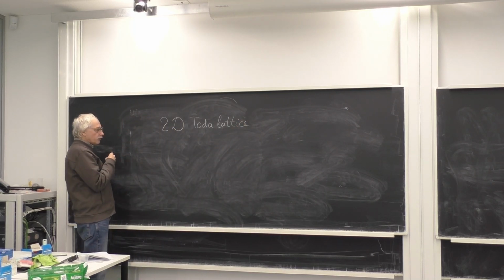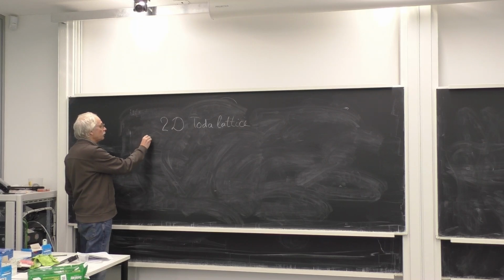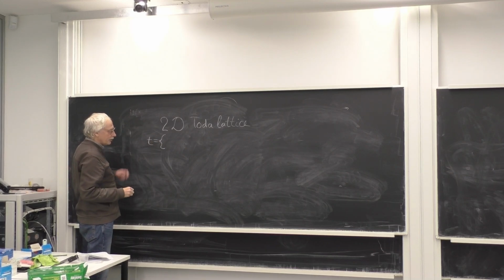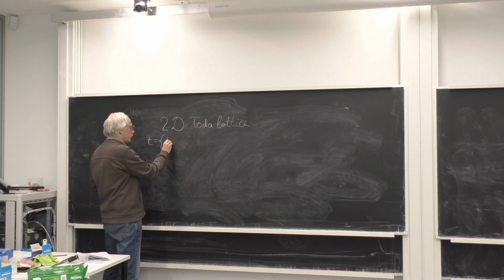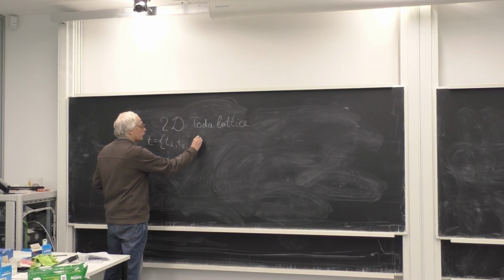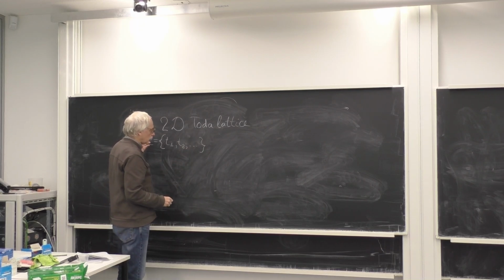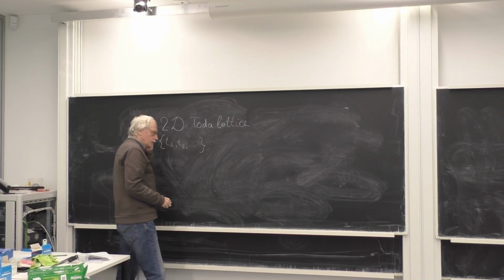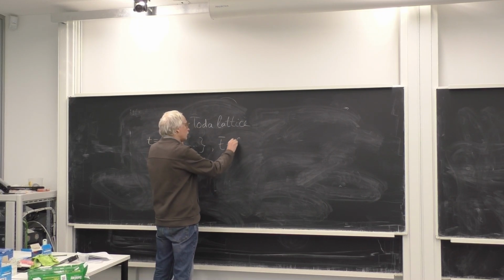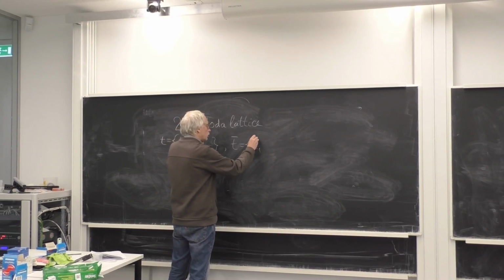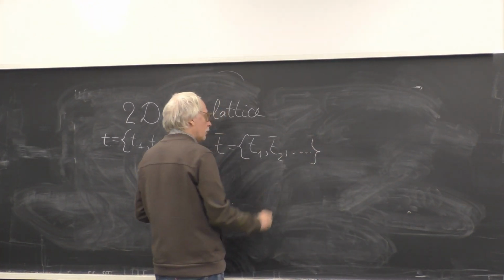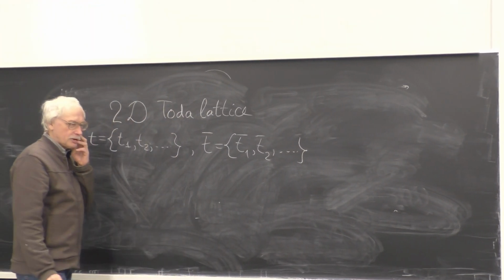The set of independent variables is larger than in the KP hierarchy. So we have times T1, T2, and so on. The same set as in KP, but also another set, T1 bar, T2 bar, and so on. And bar does not mean complex conjugation.